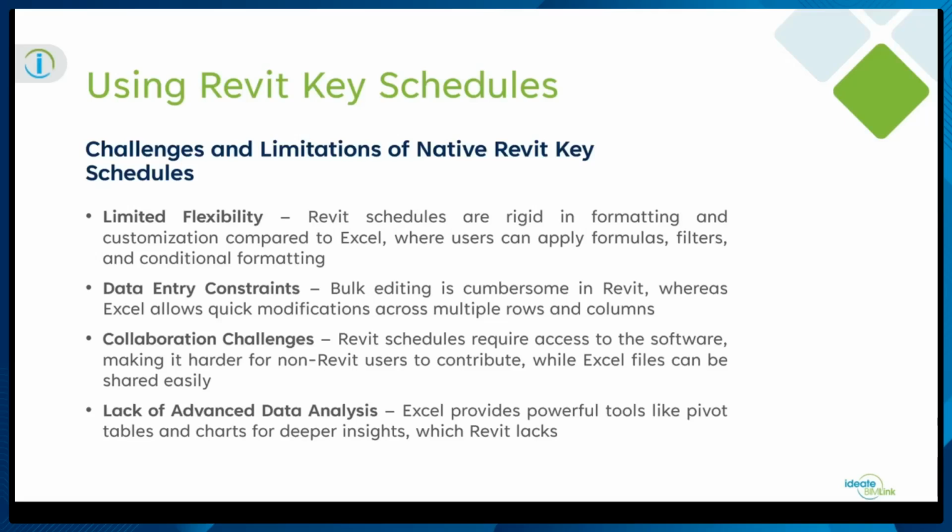Collaboration challenges: Revit schedules require access to the software, making it harder for non-Revit users to contribute, while Excel files can be shared easily. And then the last point, lack of advanced data analysis. Excel provides powerful tools like pivot tables and charts for deeper insights, which Revit lacks.